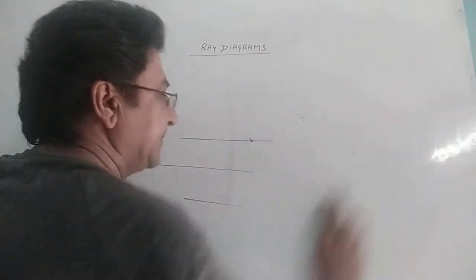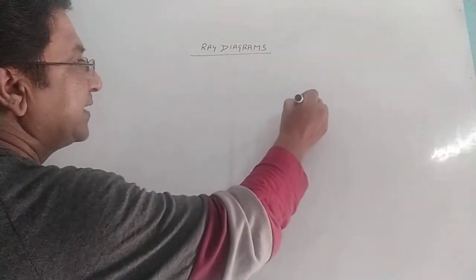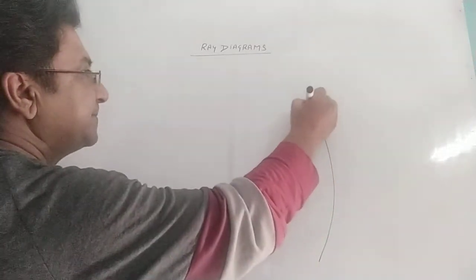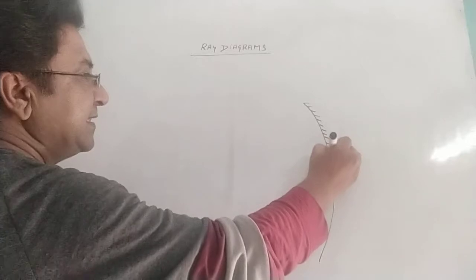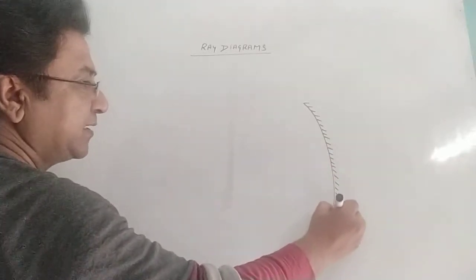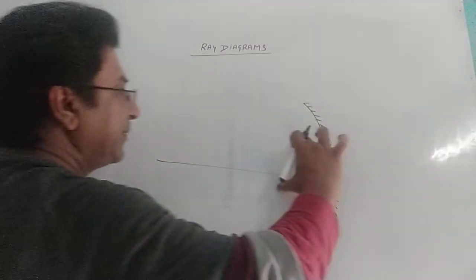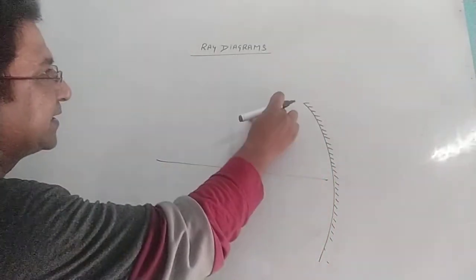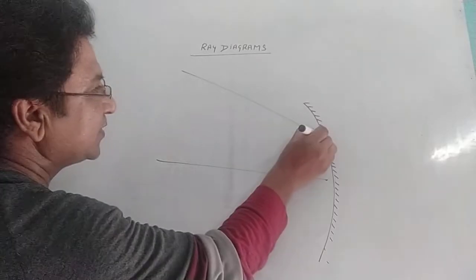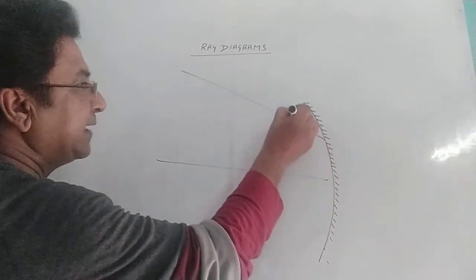Okay, let's see. Celestial means you are looking at some celestial object. Means in this case, the rays will not come parallel to the principal axis. Usually rays were coming parallel, but in this case, when you are looking at a celestial object, the rays will come diagonally.